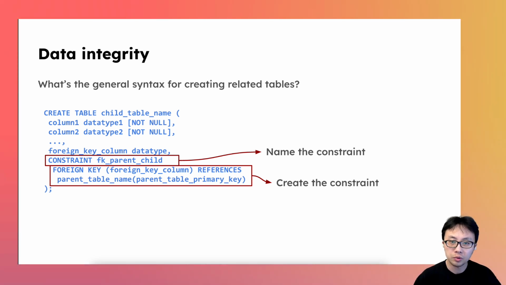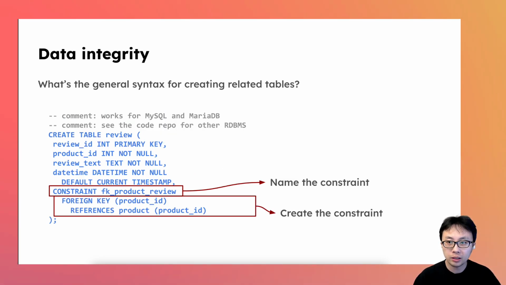What about the constraint part? The constraint clause allows you to name this constraint. When you create a foreign key constraint, you don't necessarily need to name it, but naming it will make it easier to access whenever you need to modify such a constraint in the future.